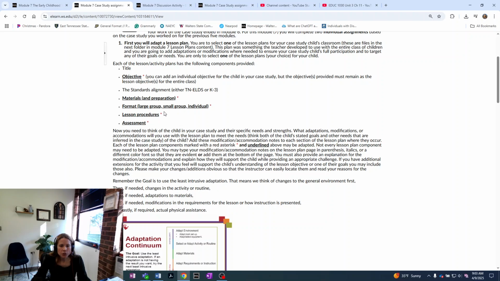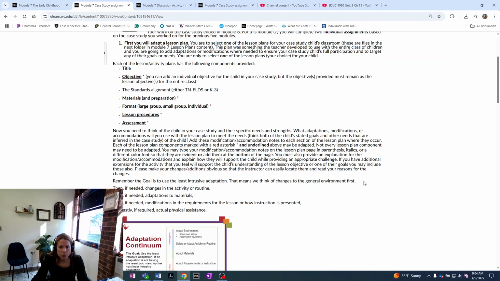You're going to look at what needs to be modified and accommodations need to be made. So what you can do is either in red or italicize it or put in parentheses, some way to differentiate what the original lesson is. I like color font because it helps me to distinguish the adaptations and modifications that are made to the original lesson plan. And what you're going to do is make changes to them.